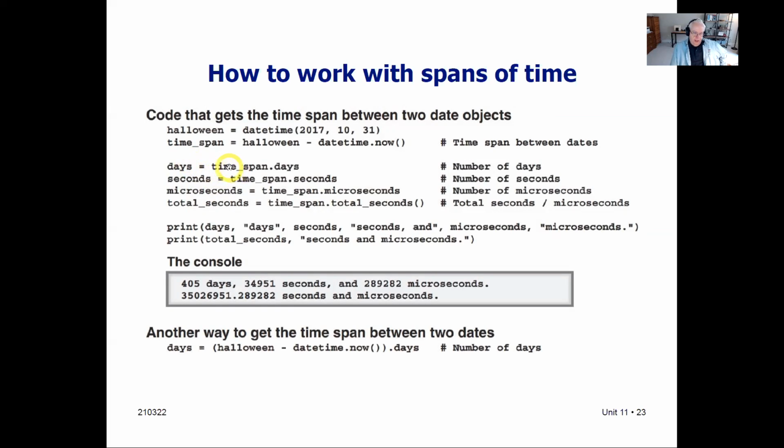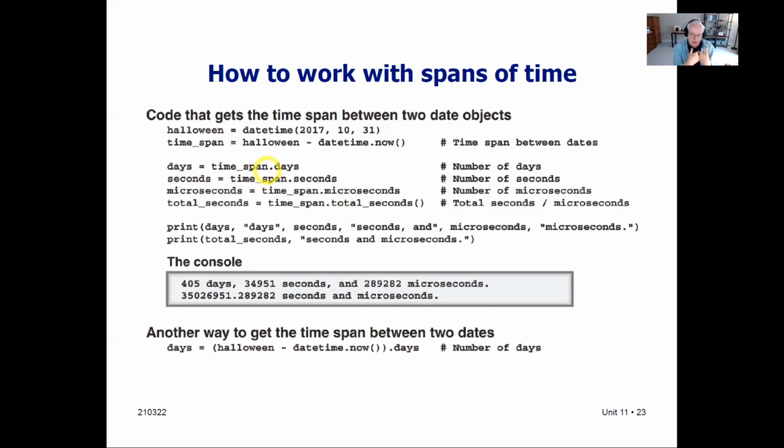So we have the time span object, and we want the days attribute. The time span object here has the days attribute in it. So we just want to pull out just that part of the object.